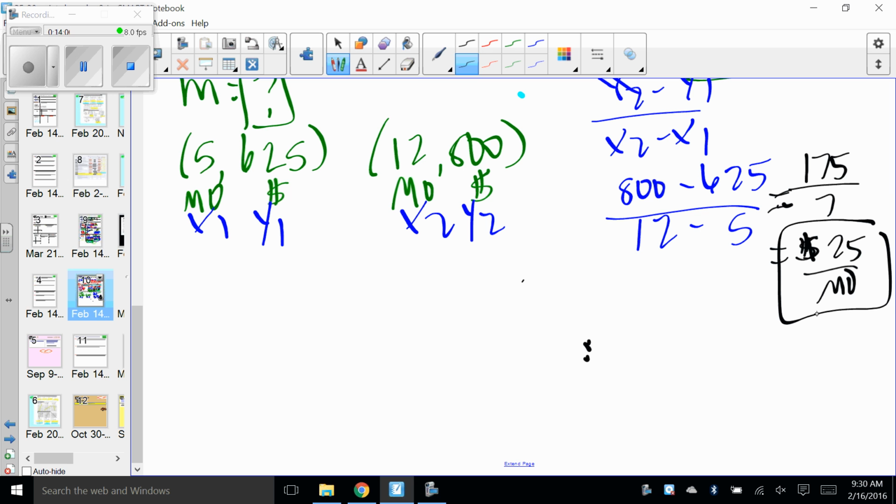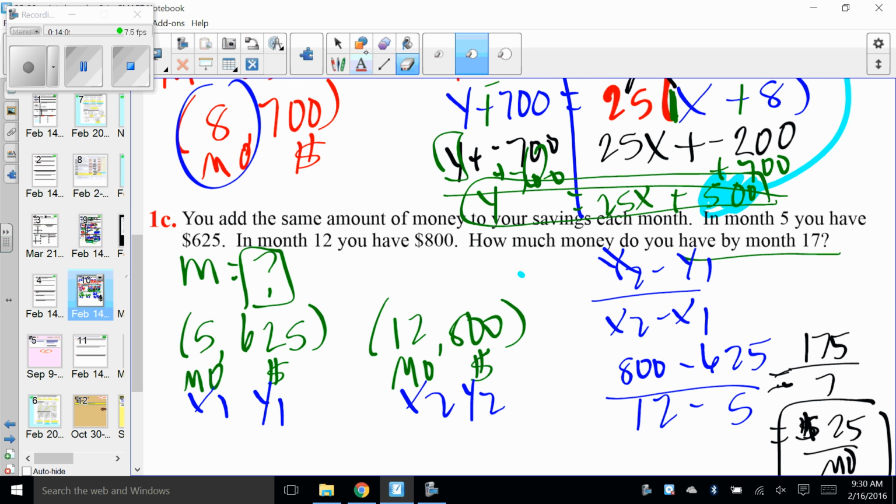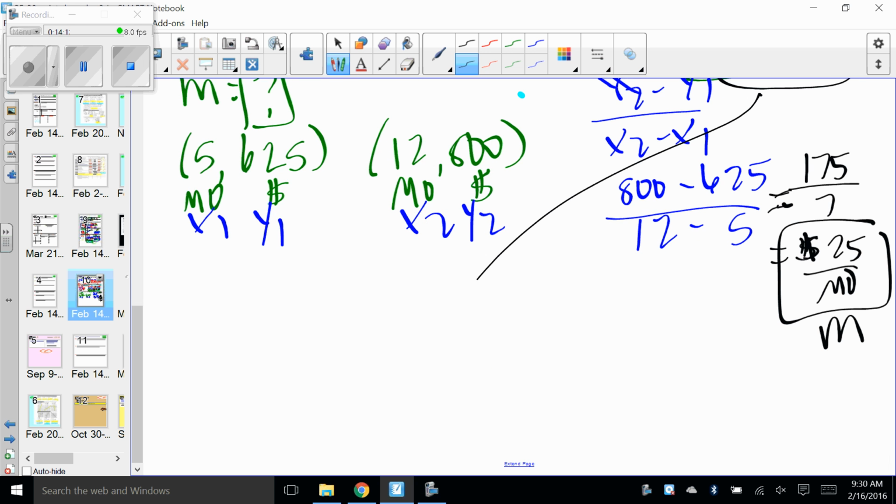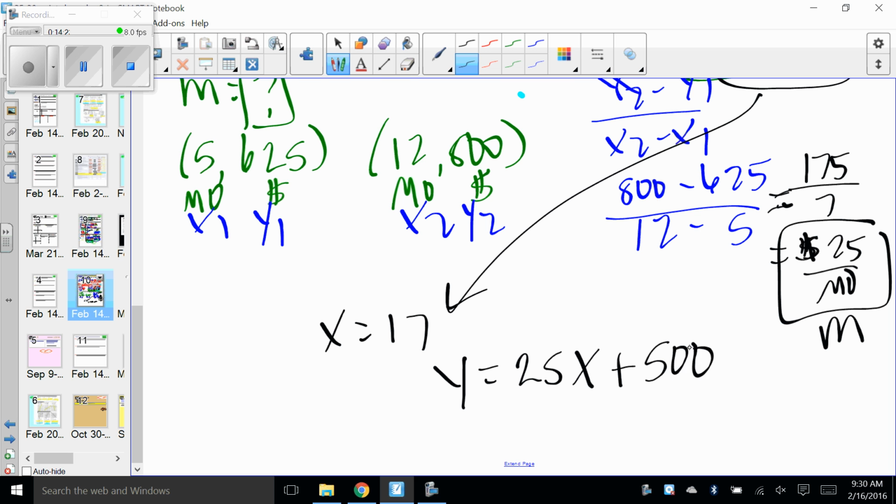So $25 a month is our slope, right? Okay, so now it's asking us, what is happening at month 17? Well, month 17 is our x, so when x is 17. So using our equation, we would say y equals $25 a month plus we started with 500.